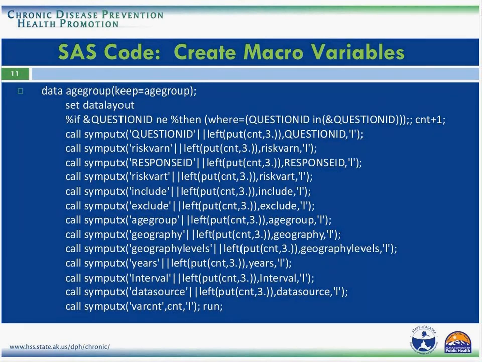To subdivide the information into response categories, we're using the include and the exclude. We're identifying what age adjustment distribution to use, which geographic systems and geographic levels, what the year range is, and what the interval is.